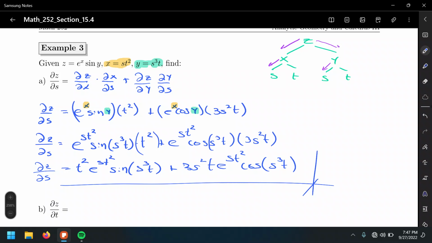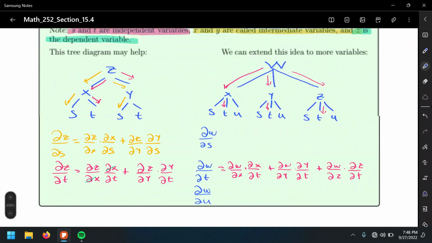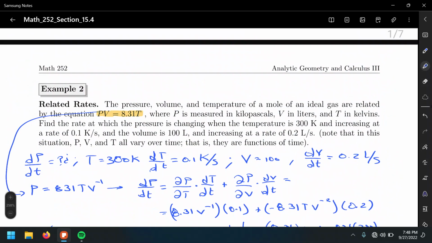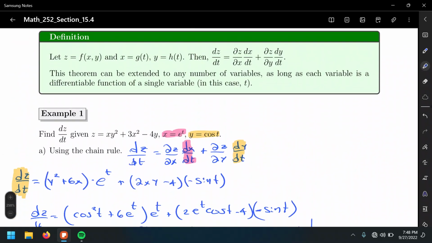Now let's compare with the previous example, so we can compare both the notation and the setting of the problem, so you can see the differences here between one independent variable versus, in this second case, two or more than one independent variable. And you can see that from the notation. In the previous case we had only one independent variable, so that's why there's no need to use partial derivatives.